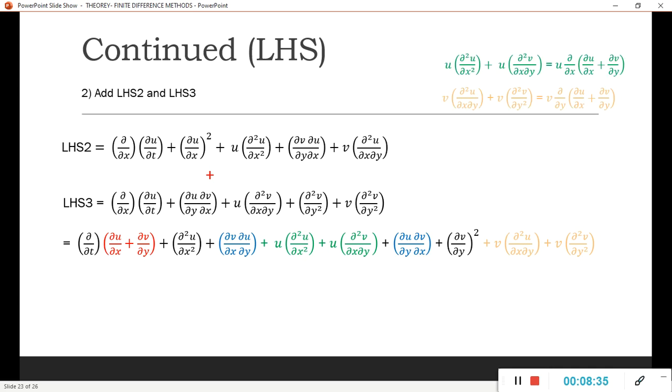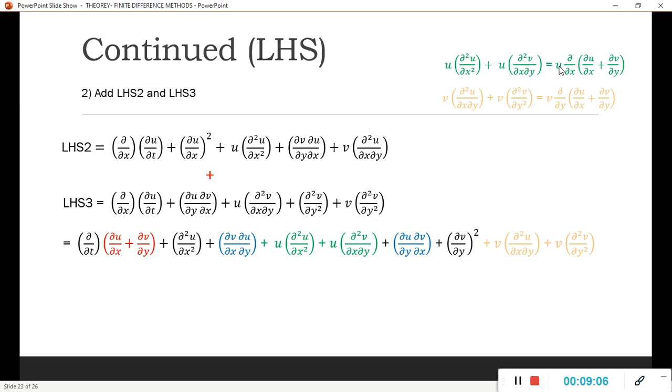Here I'm explaining how we can come to this particular derivation. If you have u multiplied by this term here, ∂²u/∂x², then you also have another term, u multiplied by ∂²v over ∂x∂y. So it's these two green terms here.